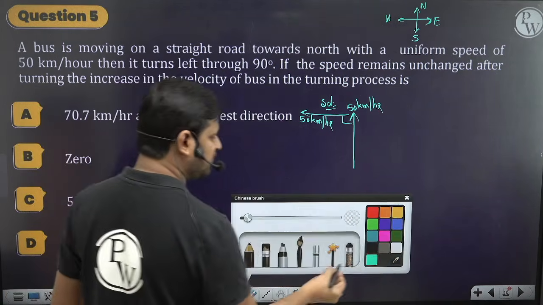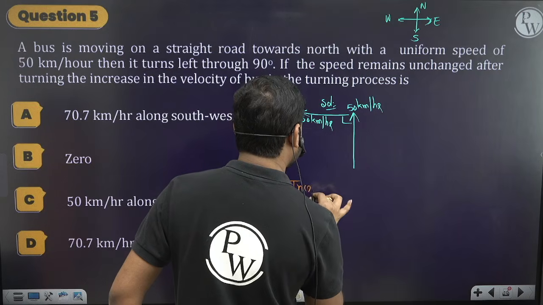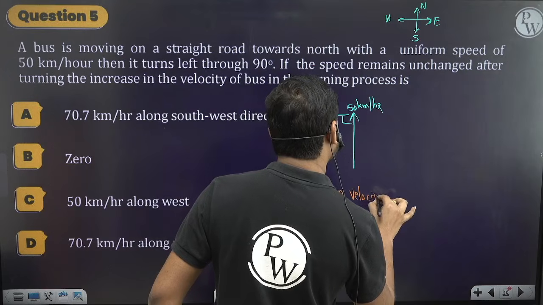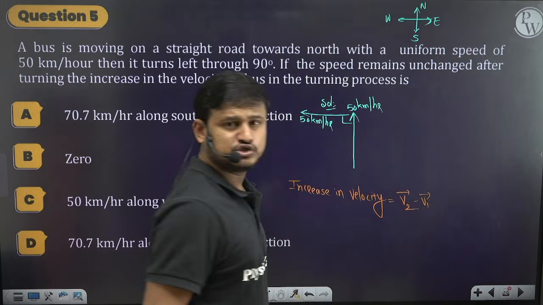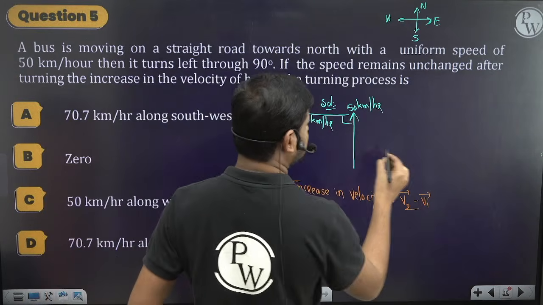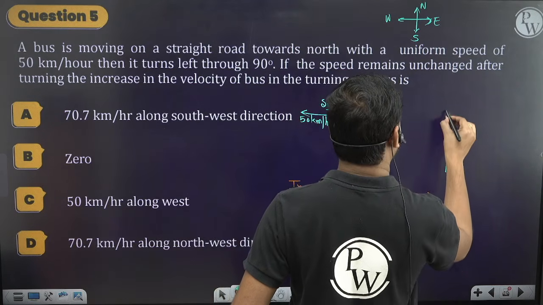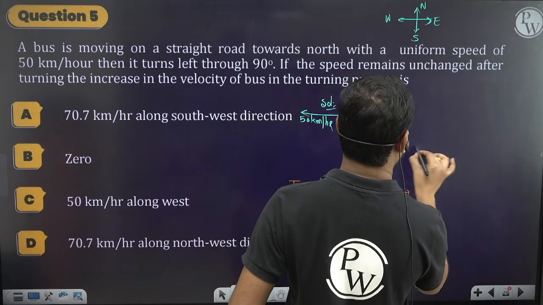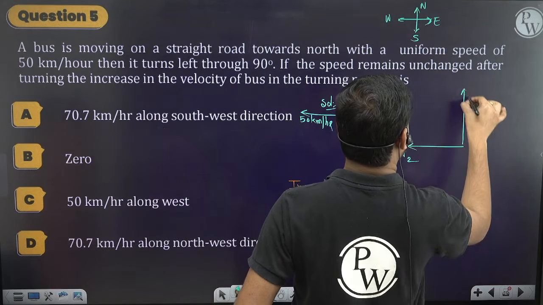We have to find the increase in velocity, which is nothing but the final velocity minus the initial velocity, simply v2 minus v1. So the same process. We have got two vectors, one is vector v1. Let's rearrange these terms. So this is the vector v2, and this is the vector v1.